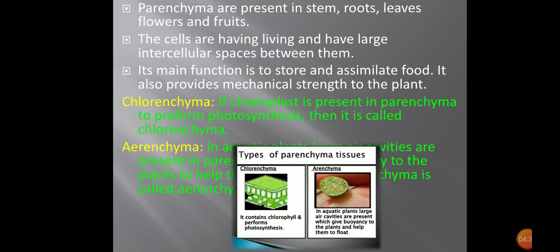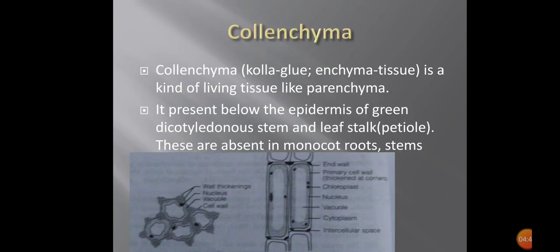Right. Now let us see the second type of simple permanent tissue, which is nothing but collenchyma, right? So collenchyma. Cola means glue. Chyma means tissue. It is a kind of living tissue like parenchyma. So parenchyma is also a living tissue and this collenchyma is also one of the living tissue.